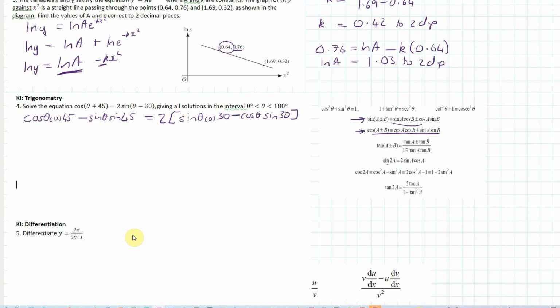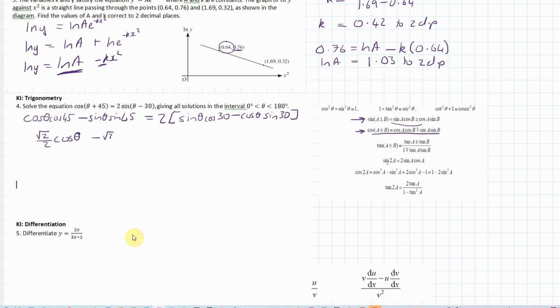Now, cosine 45 is square root 2 over 2. So we've got square root 2 over 2 cosine theta. And then sine 45 is the same. Oh, that's right. Duh.